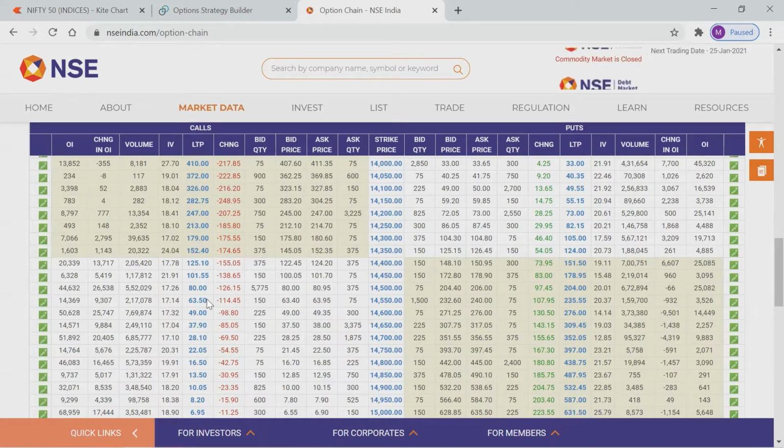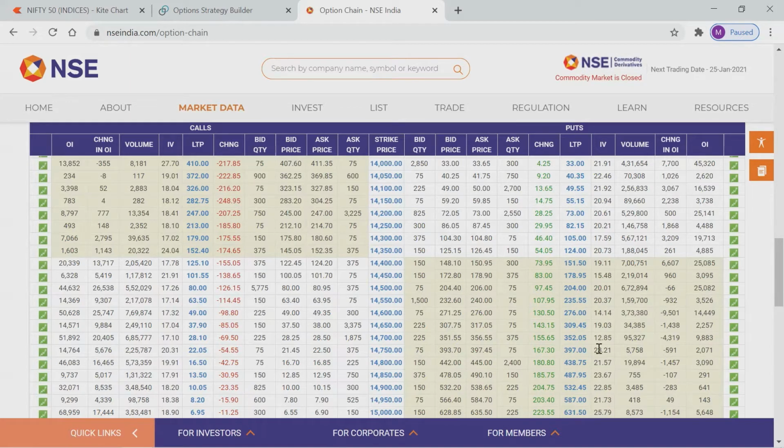If the data is in the white area on the left side of the table, it relates to out of the money calls. The data in the white area on the right side of the table is out of the money puts.